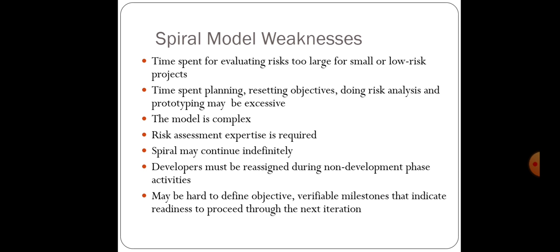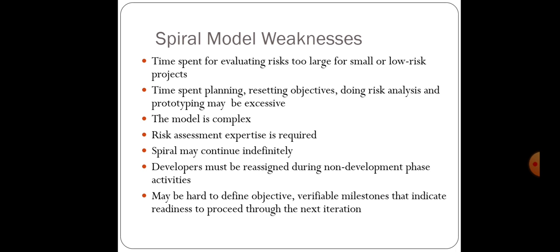Talking about the disadvantages, the time spent for evaluating the risks is too large for small or low risk projects. So if the project is a small one, then using the spiral model will be charging more overhead expenses, and more resources will be required. So for small or low risk projects, this model is not suitable.